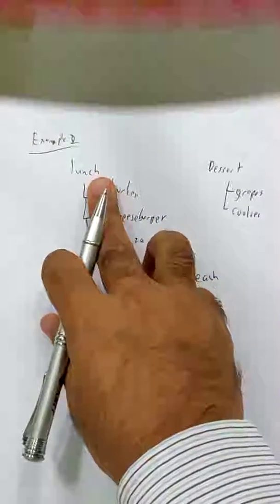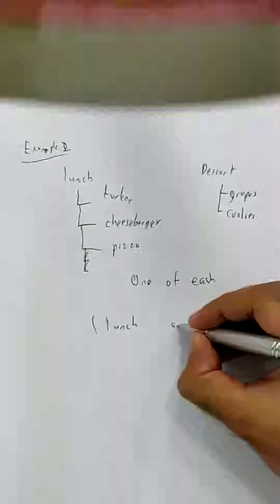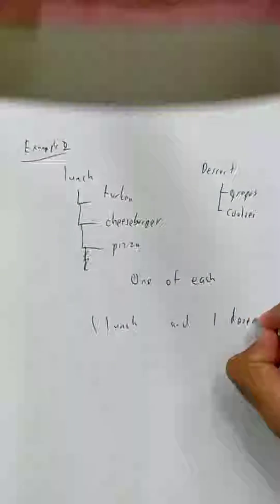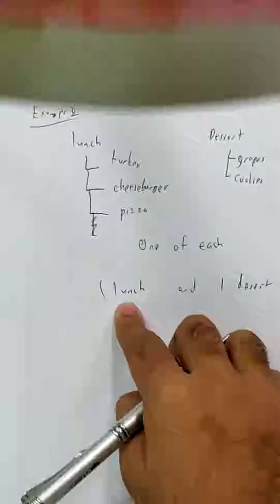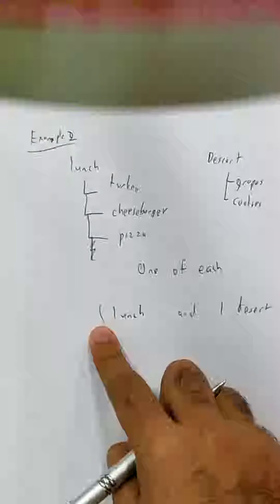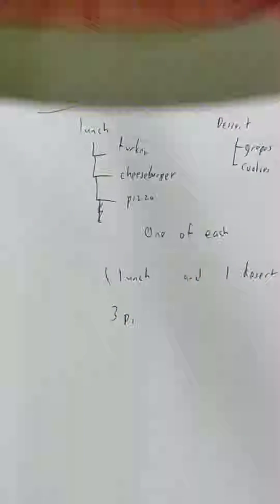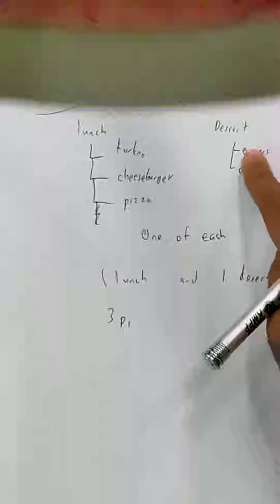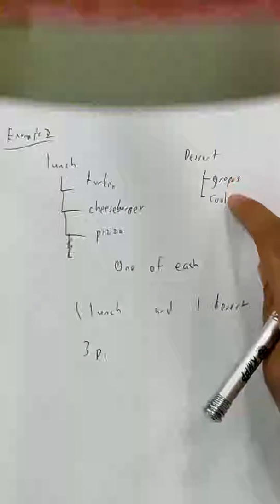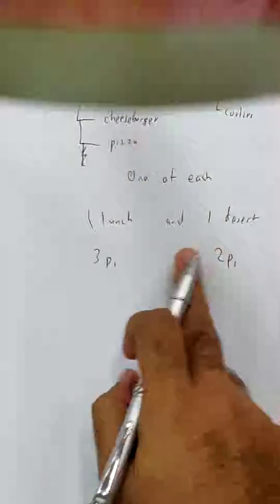Alright, so first and foremost, we want to have one lunch and one dessert. Okay, for lunch, how many objects do we have? 3. How many places do we have? 1, because only one lunch, okay? So 3P1, we go for P. What about for this one here? 2P1. Yes, for this case, I do agree C can go, but let's go for P. Now, how do I connect this data?